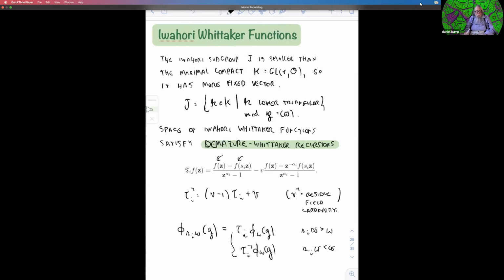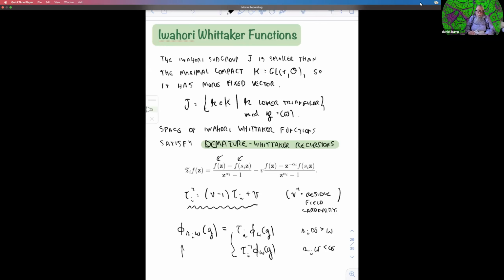So we have these operators. They're similar to what are called Demazure-Lusztig operators that are also fairly well known. They satisfy a Hecke relation, and they satisfy braid relations, which I didn't mention, and they give recursions that express these Whittaker functions in terms of simpler Whittaker functions.